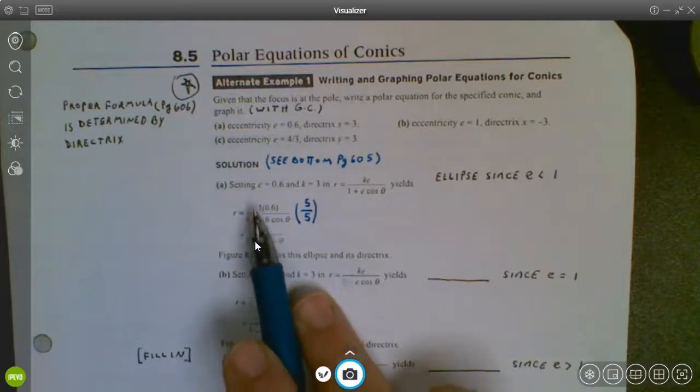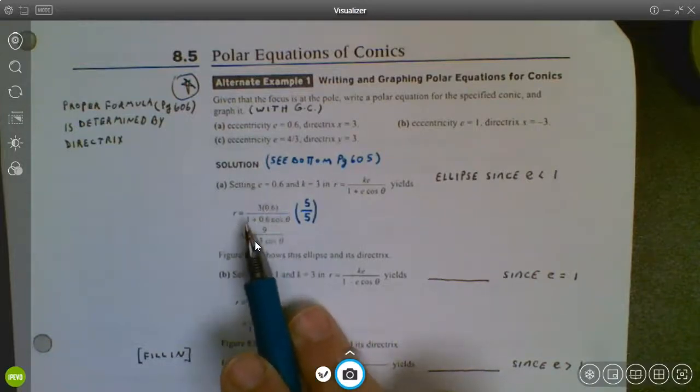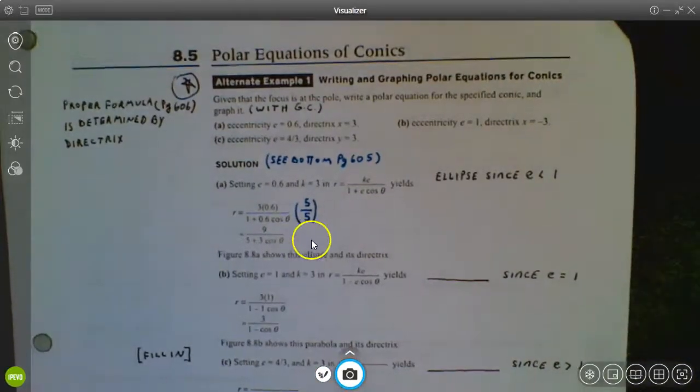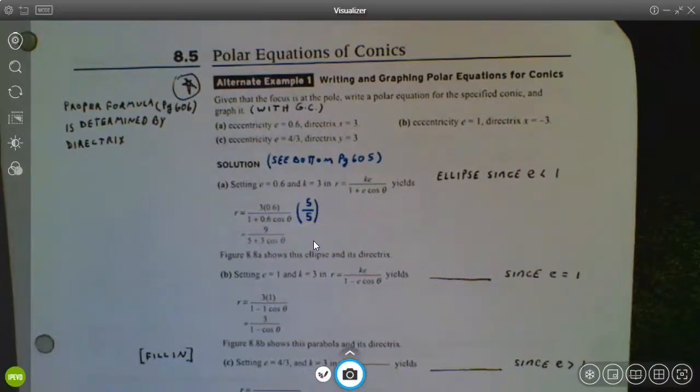So if I were to multiply the top by 5 and distribute the 5 to those guys, I'm going to get this look right here, right? And so they took that extra step to get some cleaner numbers so that they weren't working with decimals. I don't know how necessary that would be. I didn't see really an explanation on that, but that's what they did in order to clean up the numbers a little bit.